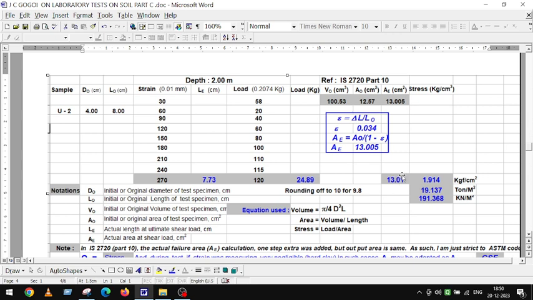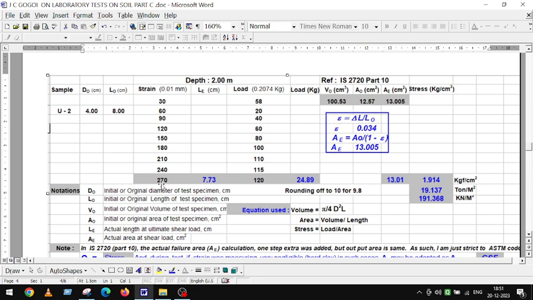This is the volume, and this is the area. So volume divided by length is area. The other process is 0.27. The strain is how much the length changes.